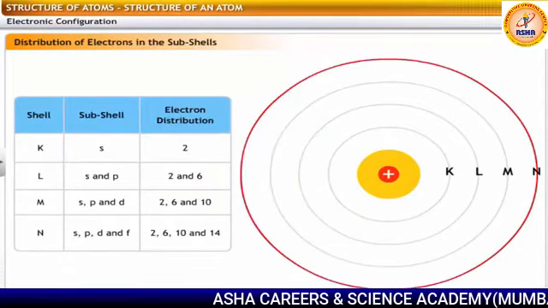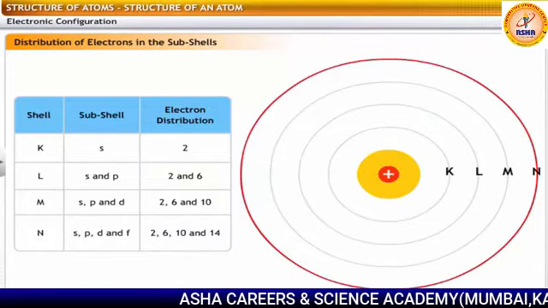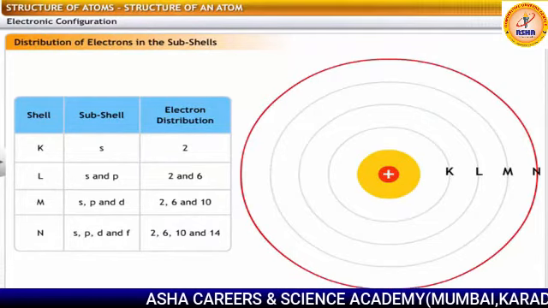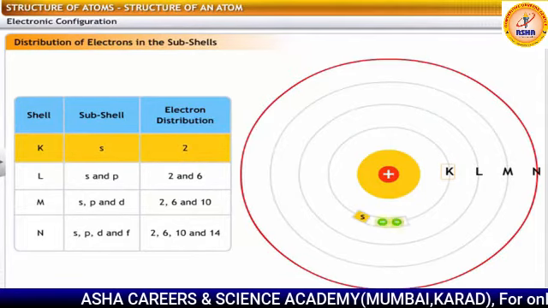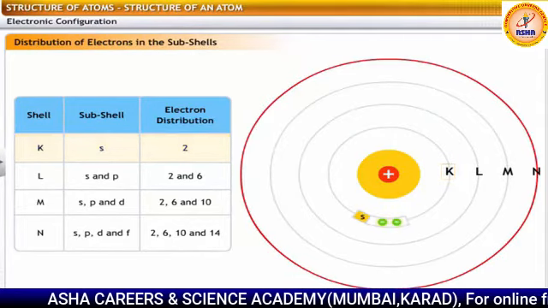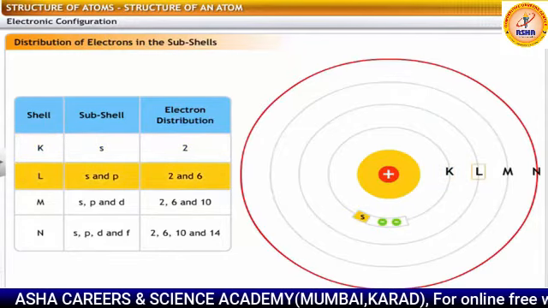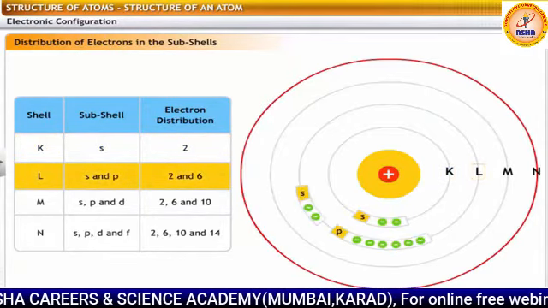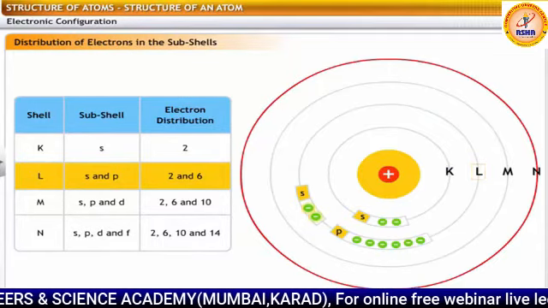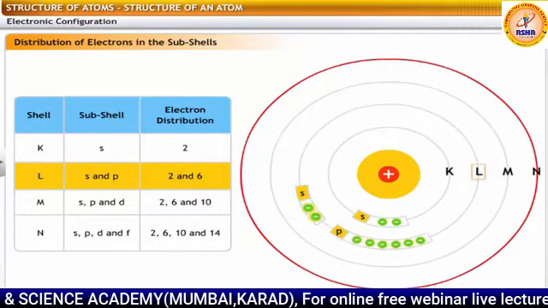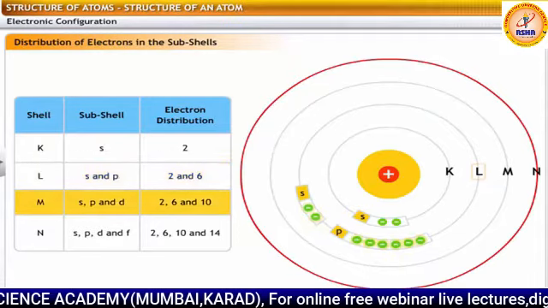Electrons are distributed in their respective shells and subshells. The first energy level, K, can have one subshell which can accommodate 2 electrons. The next shell is the L shell, which contains S and P subshells, where the S subshell accommodates 2 and P subshell 6 electrons.